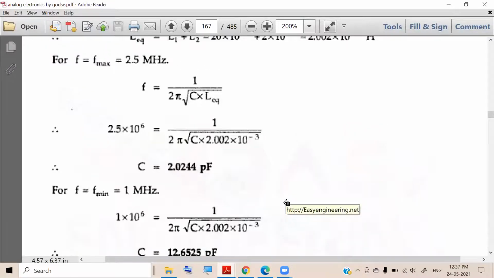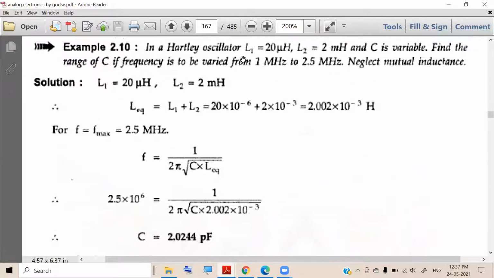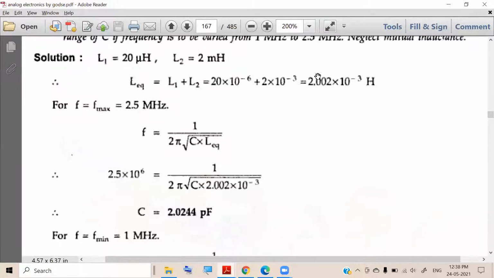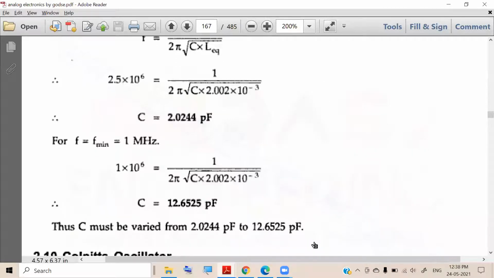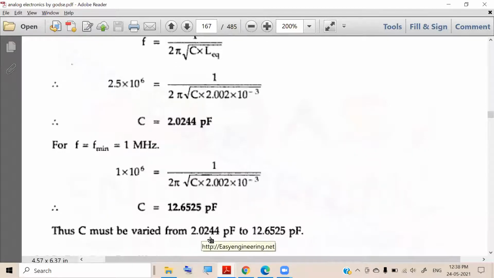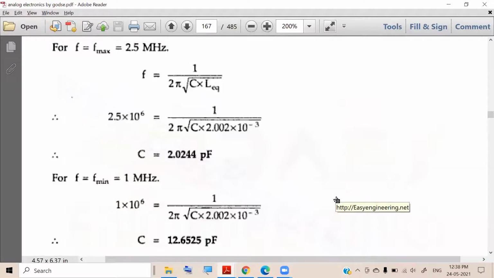So the range of frequencies is from here to here, and whatever capacitance values we got by substituting these, the range of capacitance will be from 2.008 picofarad to 12.5 picofarad. Means it is like this.